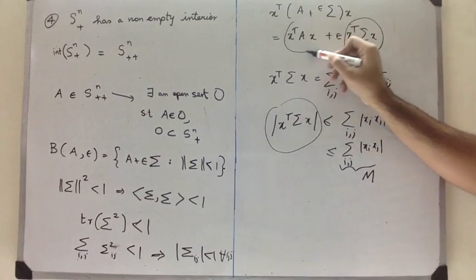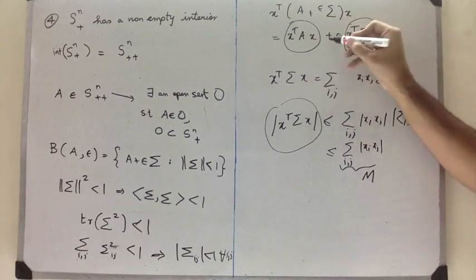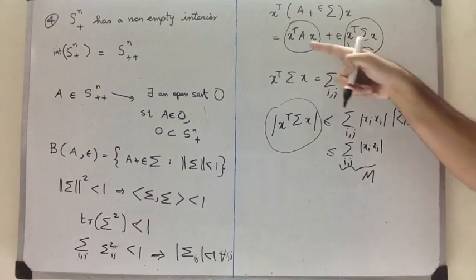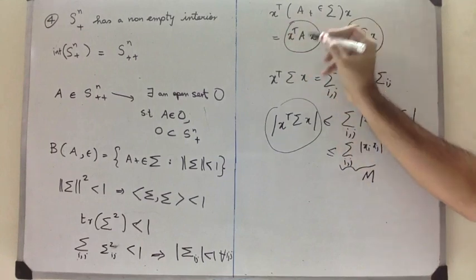The worst case scenario is when this happens to be minus epsilon M. So we just need to choose epsilon such that this quantity is never negative.